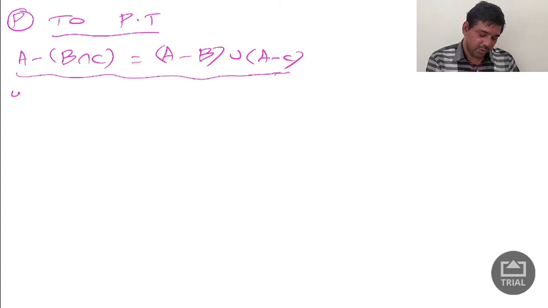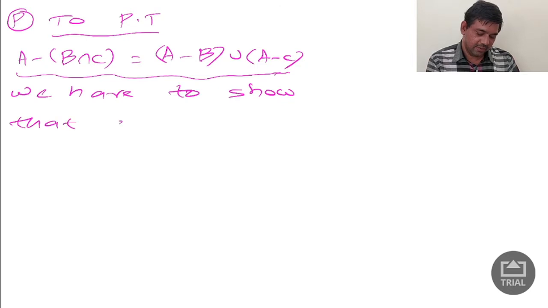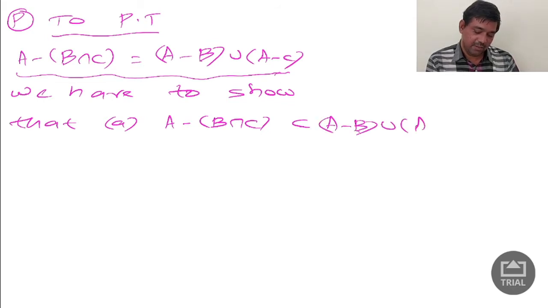Okay, so to prove this, what we have to do is show that, first of all, the first part is, as I said to you, a minus (b intersection c) is a subset of (a minus b) union (a minus c).